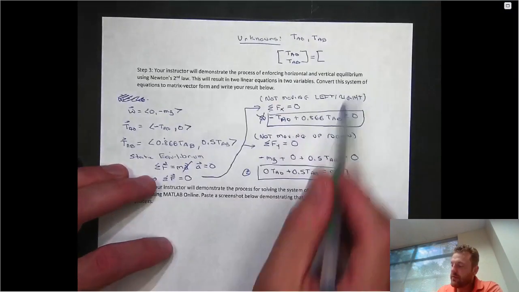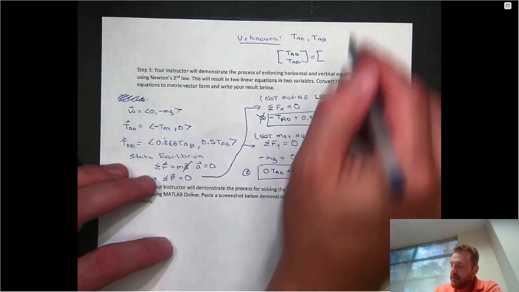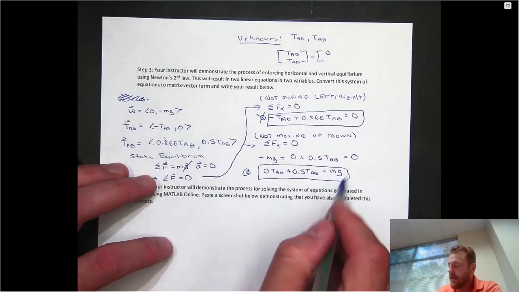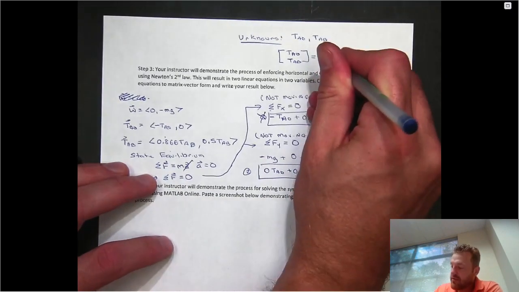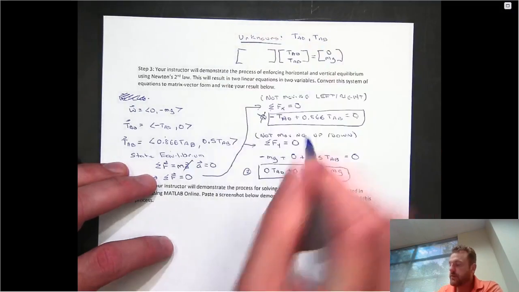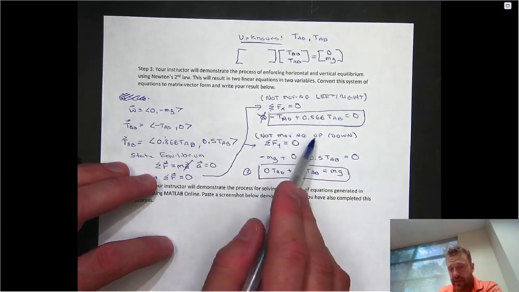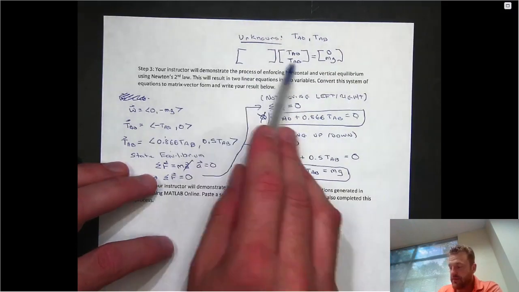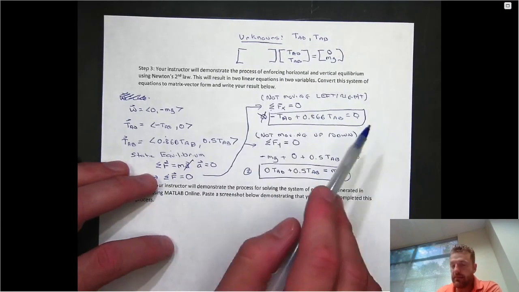Then for the first equation, you write the constant on the right side in your constant vector. For the second equation, you write it there as well. Remember, mg is just a number that we can compute. And then this is our coefficient matrix. We just put all the coefficients of the equations, the first equation in the first row, and the second equation in the second row.